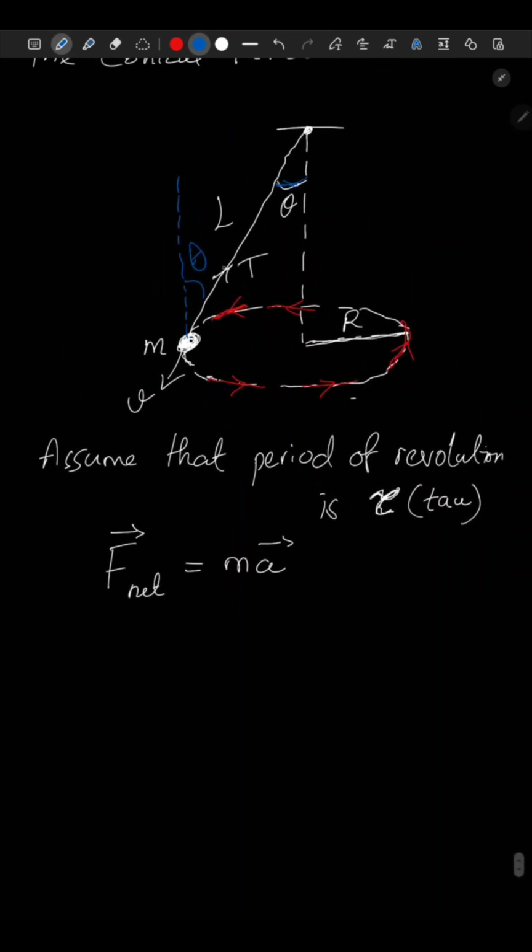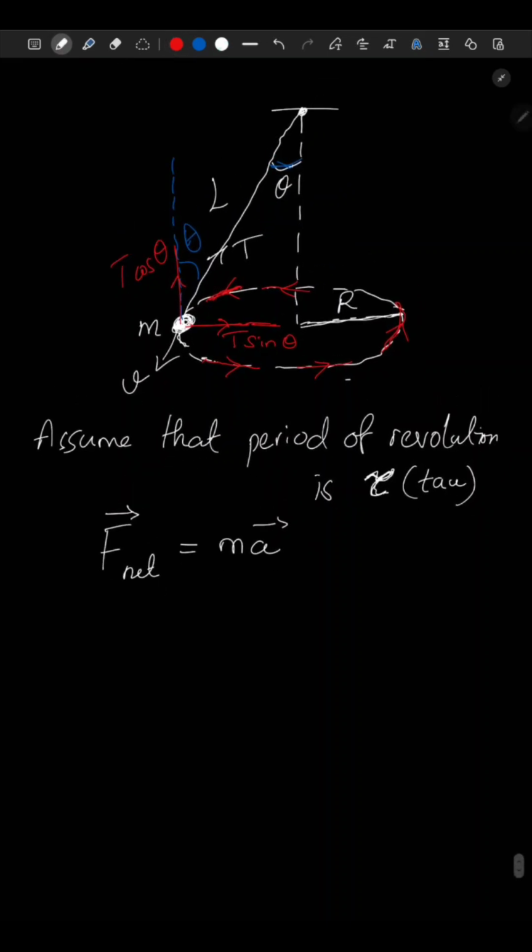And therefore, this force is T cos theta, and this, it is a force, not a length. So this force would be T sine theta, and this force is directed towards the center of the circle. Okay, and this is providing the centripetal force.